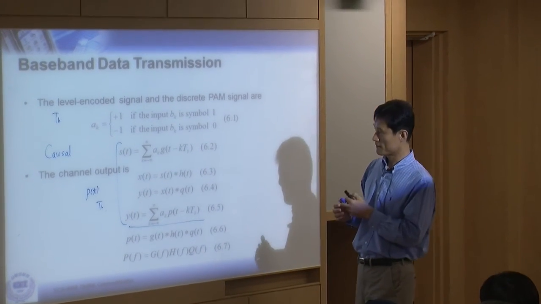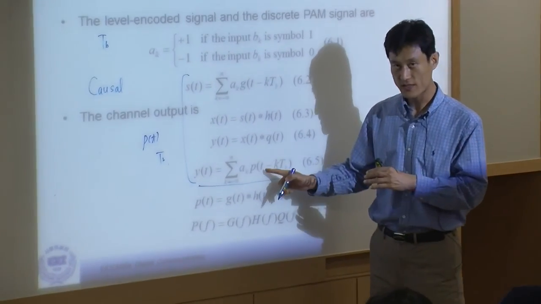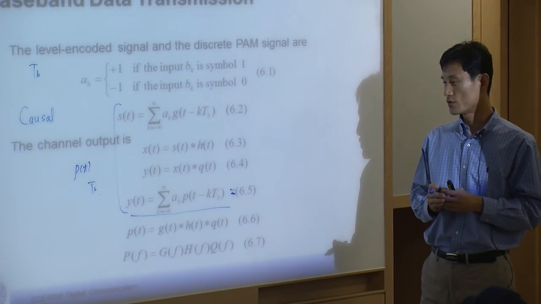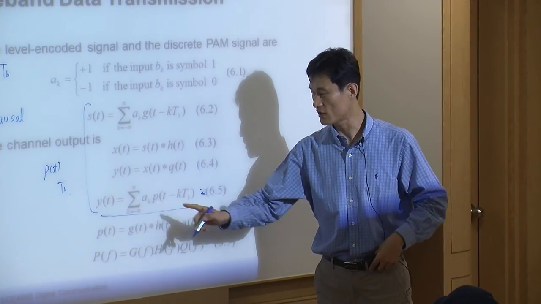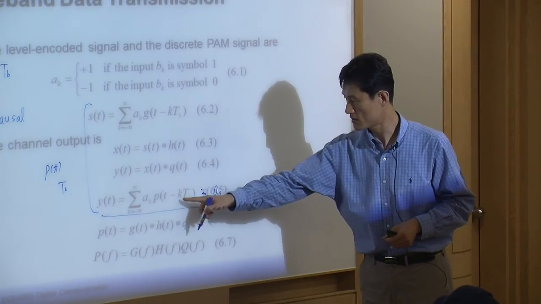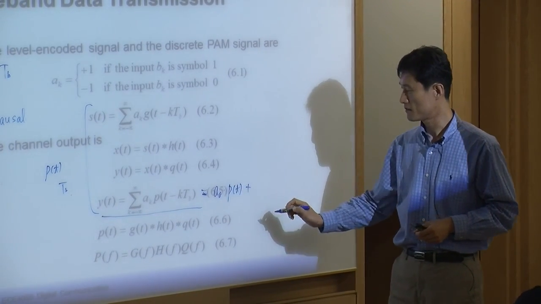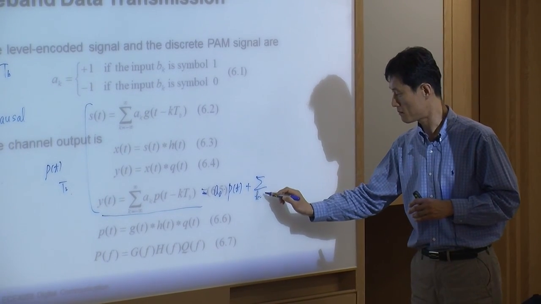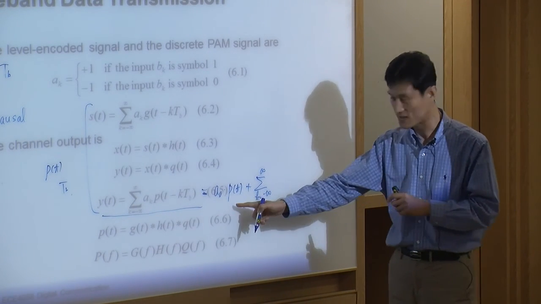But anyway, when you separate this equation, right? Let me write it again. What you want to do is separate out when k equals 0. Let's put k equal to 0. Then A0 times P(t), when you put k equal to 0, plus the summation of all the other terms, k from minus infinite to infinite but k not equal to 0 because we separate the 0 out.